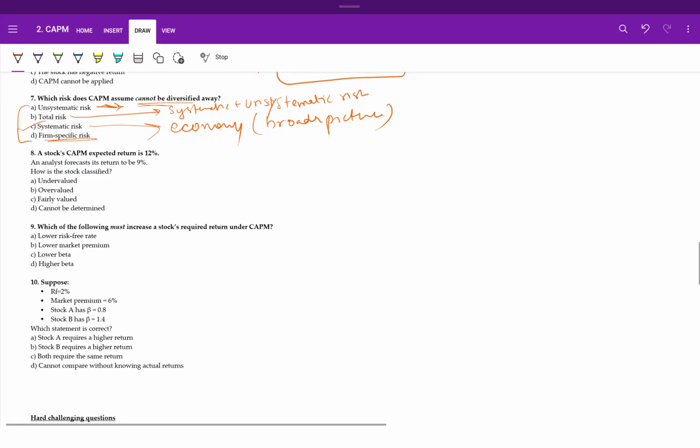Okay. Question number 8 is about the capital asset pricing model, and analysts forecasted the return to be 9%, and the capital asset pricing model is expecting 12%. So if we want to buy a stock XYZ, we want to generate a 12% return, but the analyst forecasts a return of 9%.